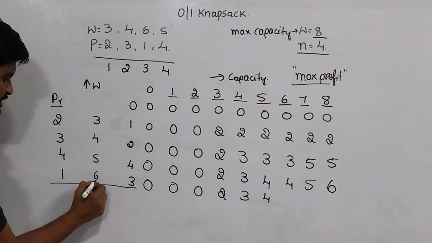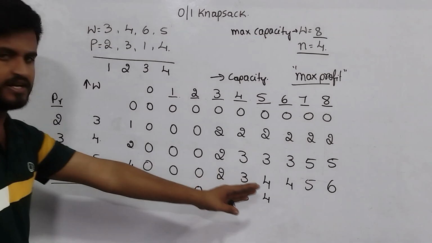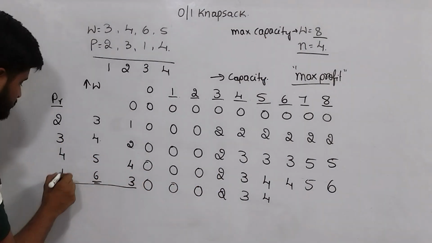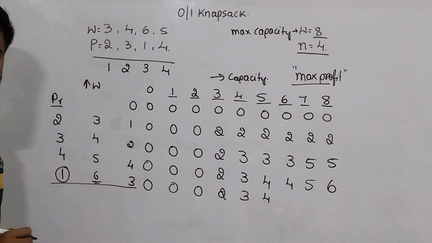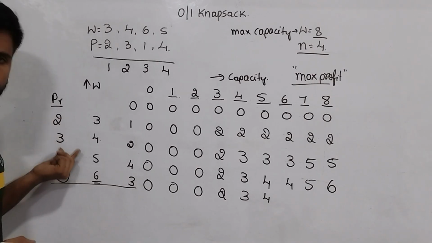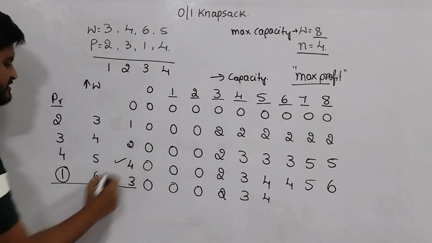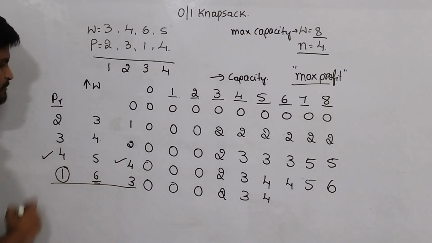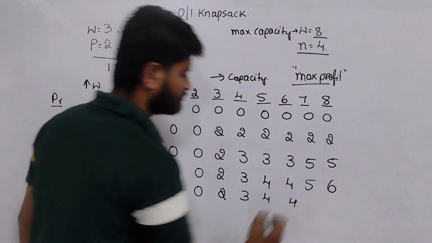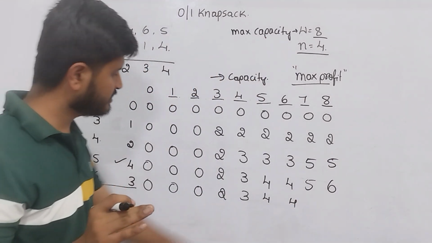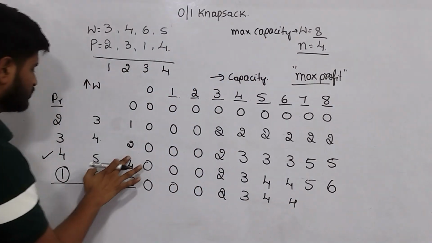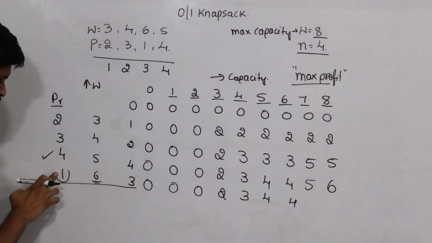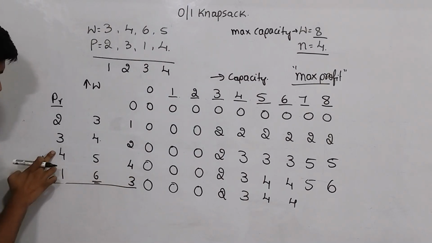But if you fill the 6 weighted item directly, the profit is 1, which is less than all these values. So I will be placing the fourth item with its maximum profit of 4. My only intention is to fill the maximum profit. So I filled the fourth item with its maximum profit value of 4.